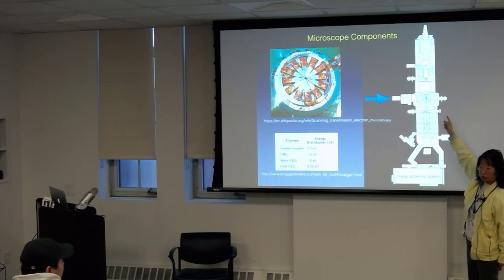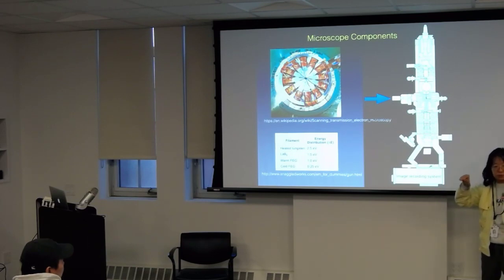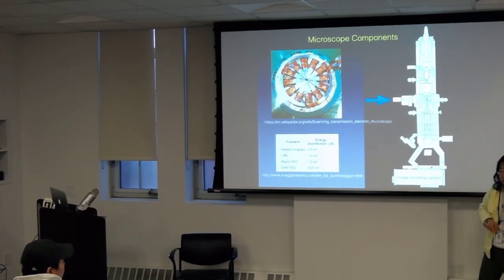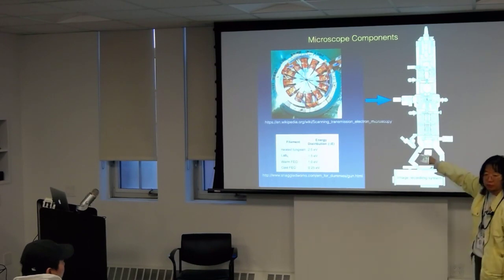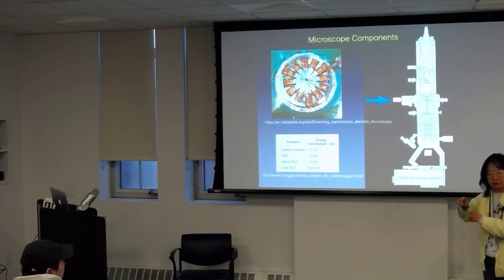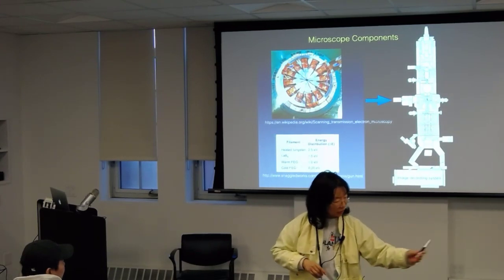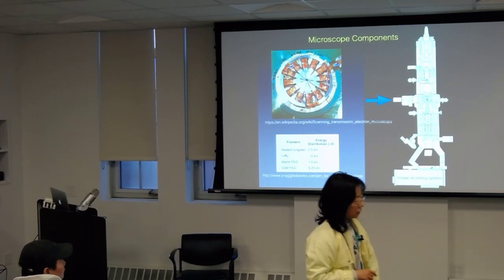That's the objective aperture. The objective aperture is very, very close to your specimen in height. Okay? So it will be very close to your specimen, but in general it's right below. Okay? So, can anyone point it out to me? Where will the condenser system be?